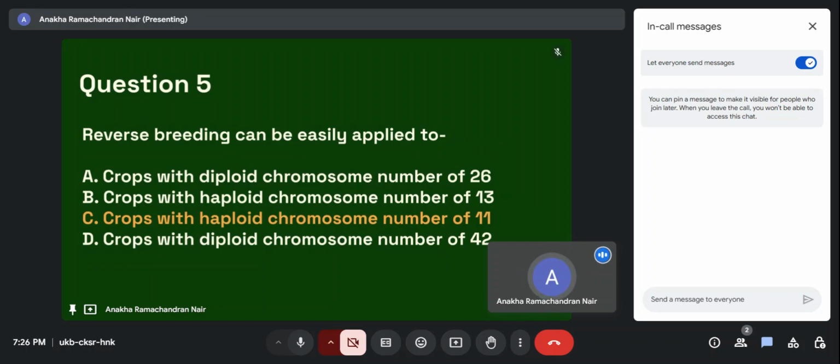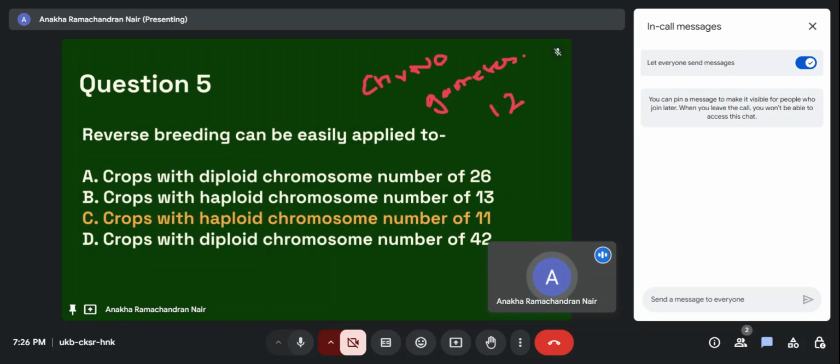The haploid number, if you remember, is the chromosome number found in the gametes, right? So the chromosome number in the gametes is the haploid number. And Sir had said that for anything having a haploid number of 12 and below, reverse breeding can be easily applied, because it simplifies the isolation of the homozygous parental line.